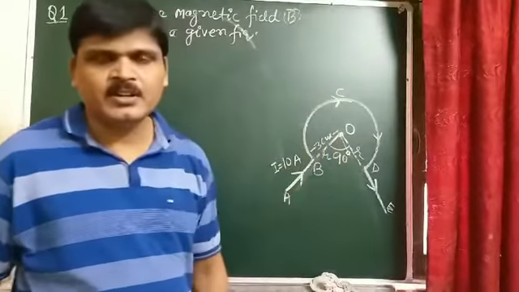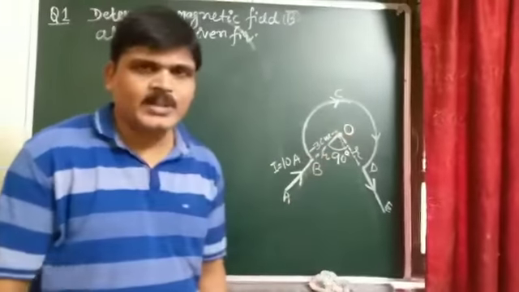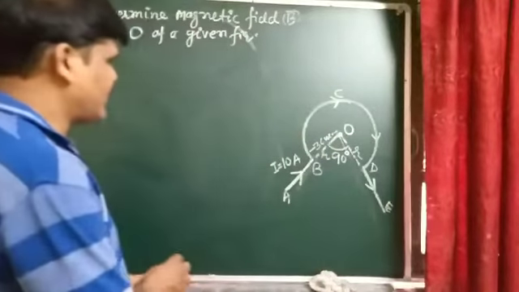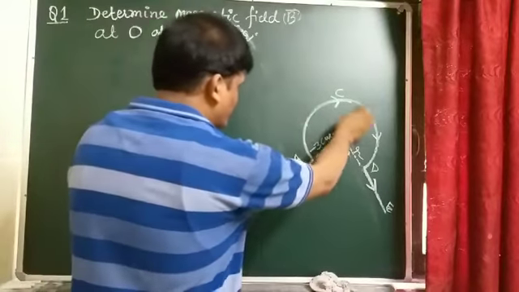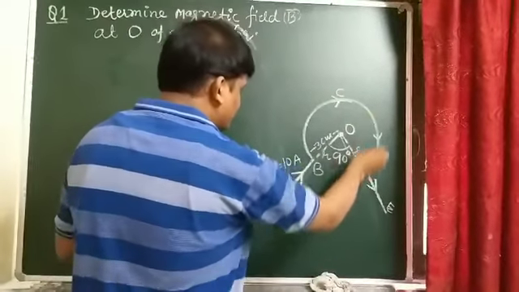3 centimeter. So first of all we have to find the magnetic field at O due to the straight conductor AB, DE, and due to the circular part BCD.